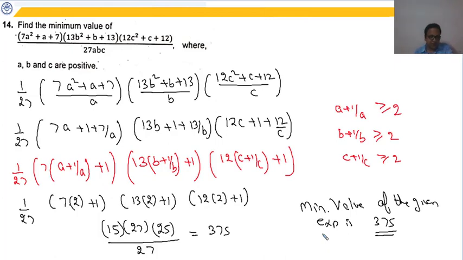I hope this is clear to everyone in the class. Yes? So this result, where do we get this result? It is arithmetic mean greater than or equal to geometric mean.